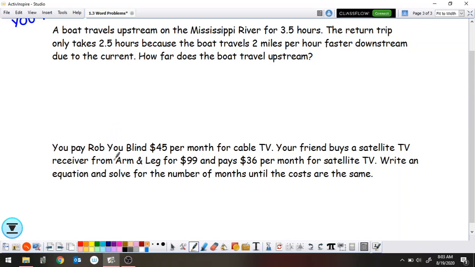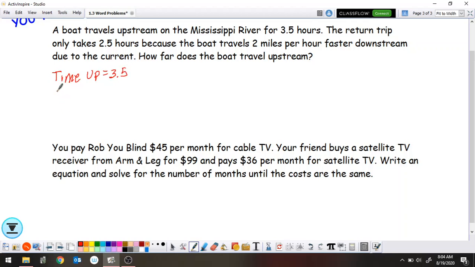Now that you've had a chance to solve these two problems, this is how I would recommend that you set them up. So we have time upstream is 3.5.